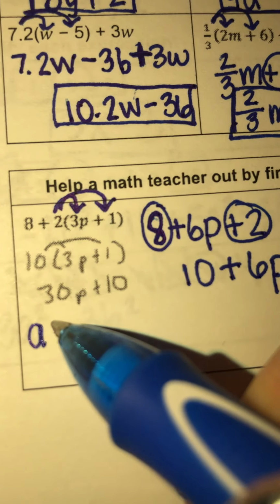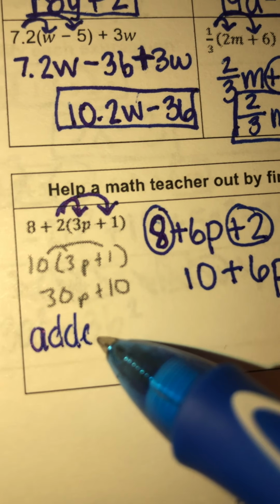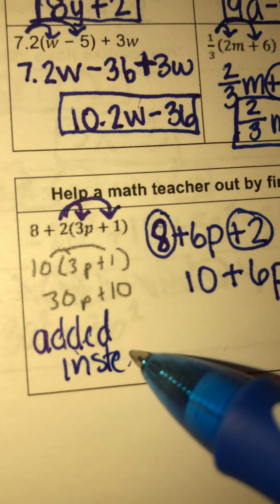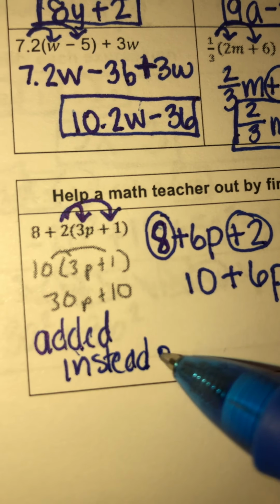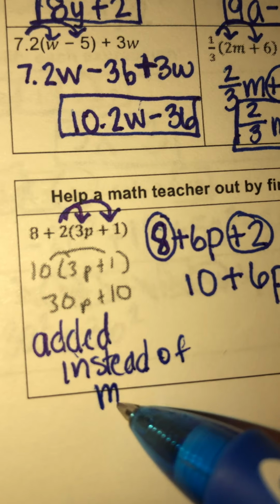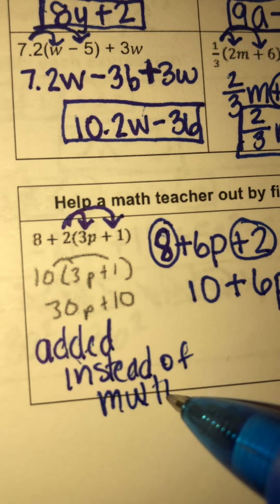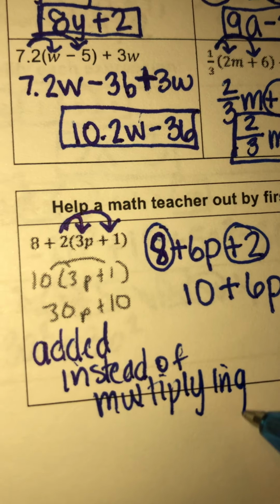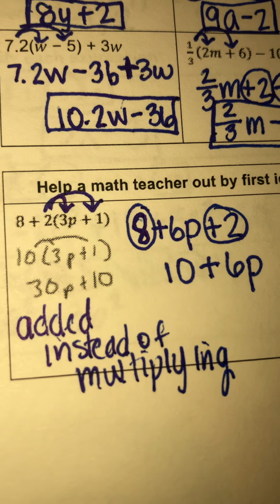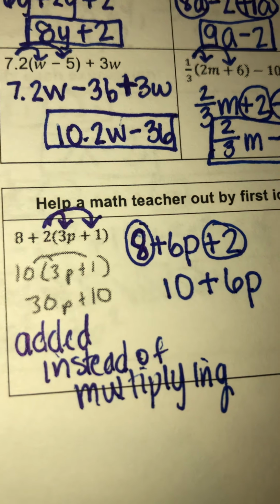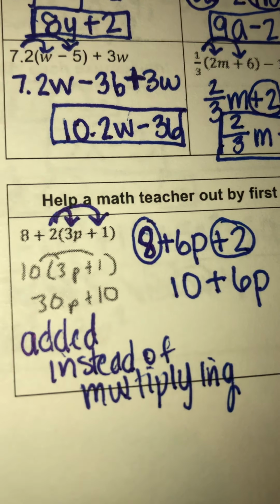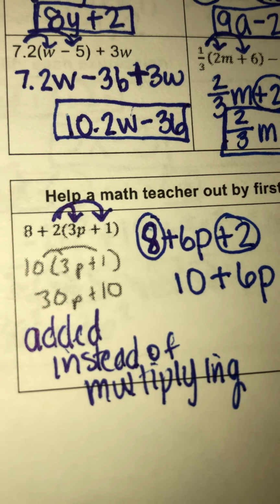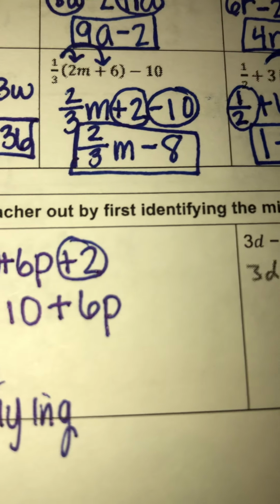So they added instead of distributing, or multiplying, because you're supposed to multiply before you add. Order of operations never goes away. So they shouldn't have added the 8 plus 2. First distribute, first get rid of parentheses, and then do everything else.